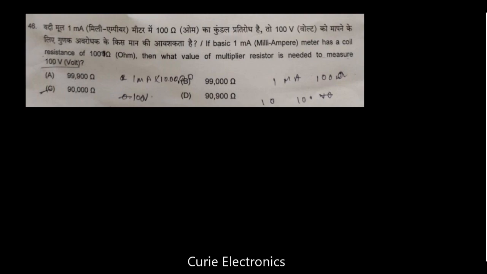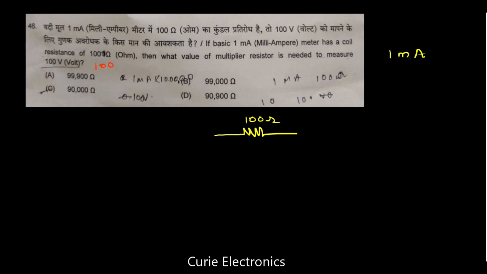It is 100 only. Otherwise, as per that, please modify the answer. Let me solve it for 100 ohm. Now we have an ammeter. It has got a resistance. That is, what is the ammeter resistance? 100 ohm. So it's a 1 milliamp ammeter.